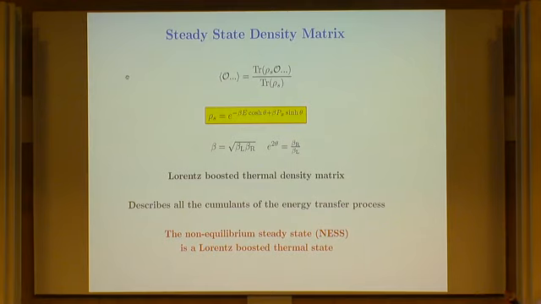What you're trying to understand is the form of the average energy flow in this intermediate region. The basic idea is that you know the equations of state of these reservoirs, and that you're described at late times by hydrodynamics.